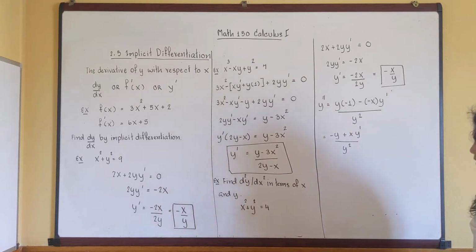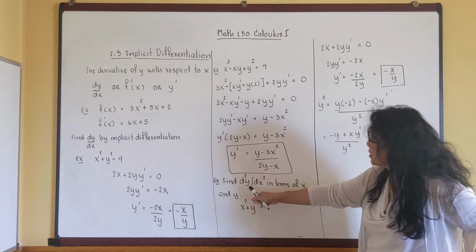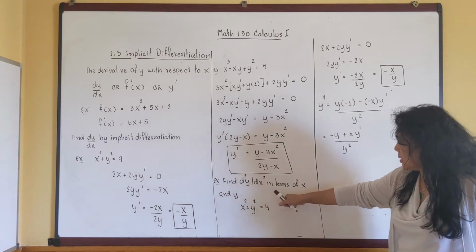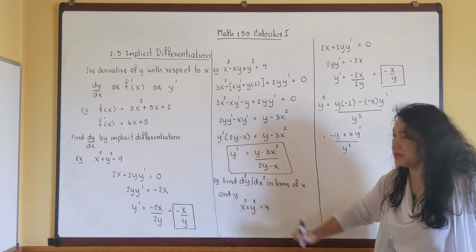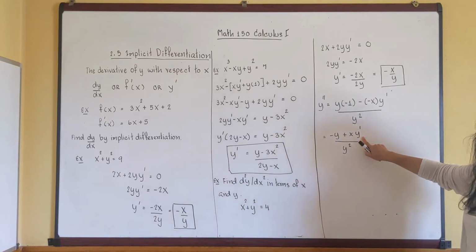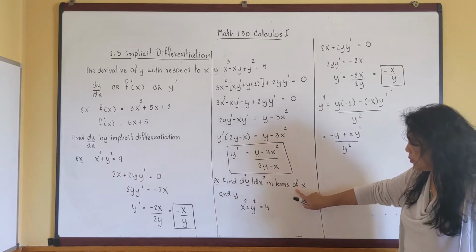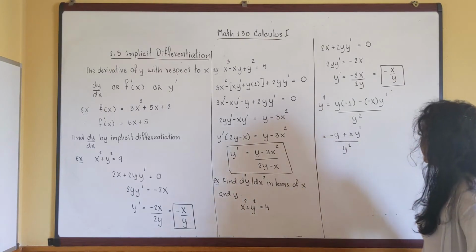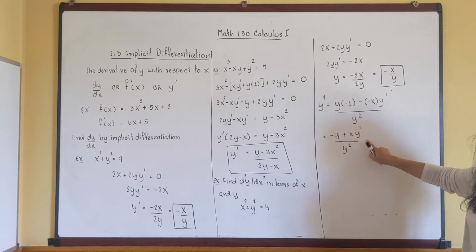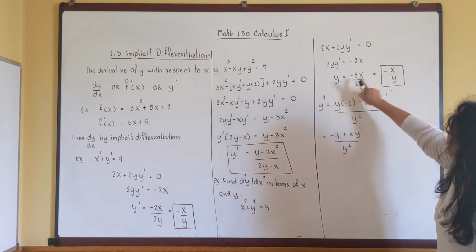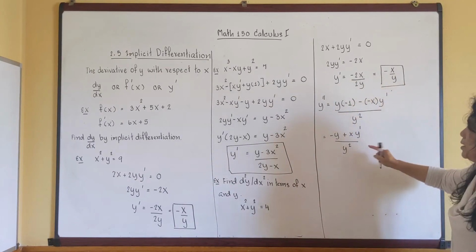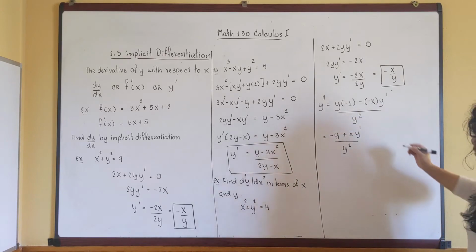The question asked you to find the second derivative, but it said in terms of x and y. I still have y prime here, so I'm not completely done because the question wants you to have it in terms of x and y. So I have to get rid of this y prime. My y prime is negative x over y, so I'm going to put that in there.